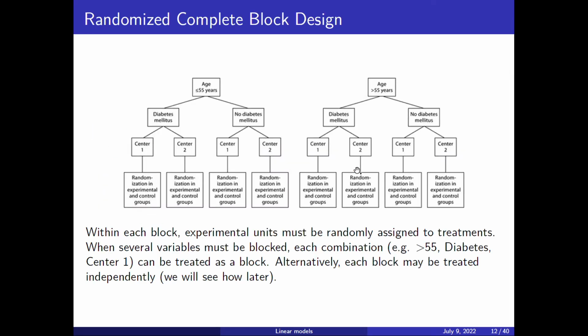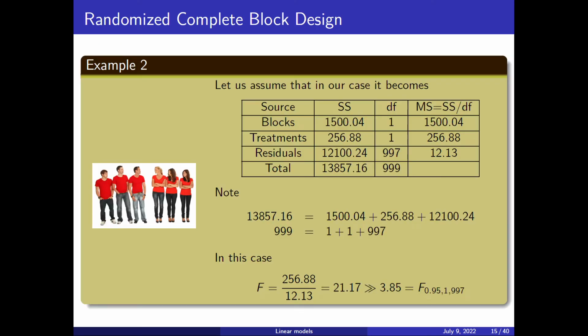So the treatments and the overall sum of squares do not change. What changes is that now the gender explains quite an amount of the sum of squares, because men and women constitutively have a different blood pressure. So a big part of the sum of squares is explained by gender.